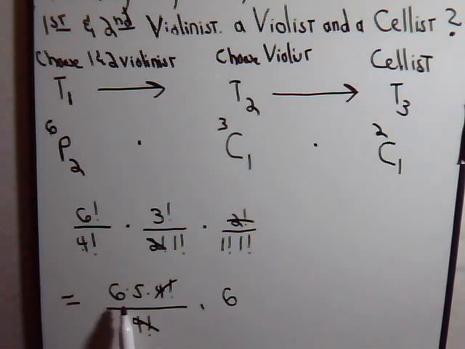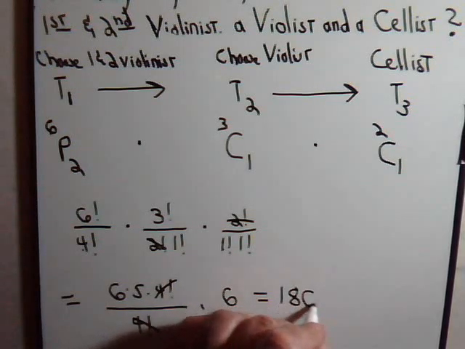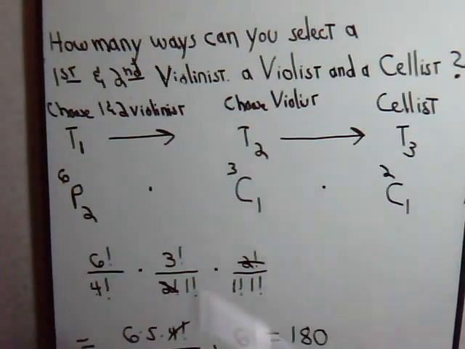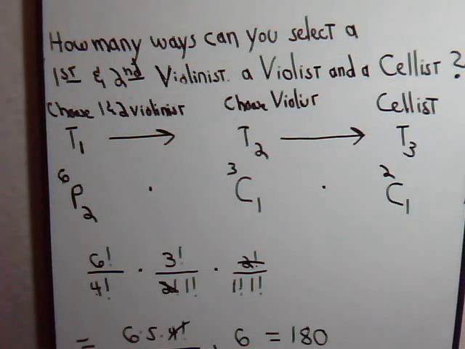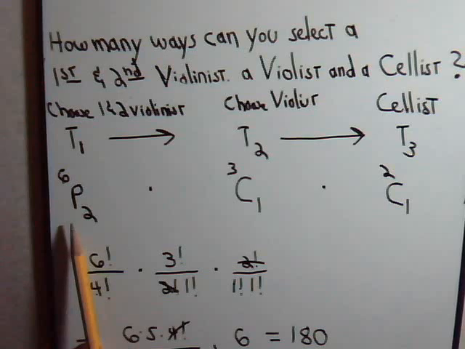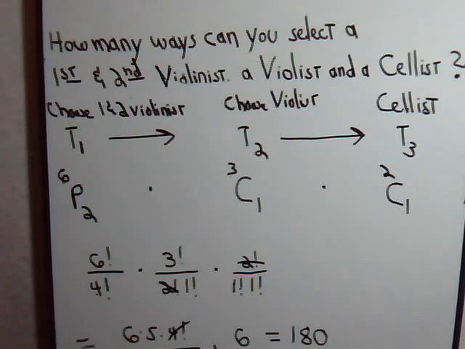Those cancel. 6 times 5 is 30, times 6 equals 180. So there's 180 ways then that we can choose a first and second violinist, choose a violist, and choose a cellist. So this part of the problem involves combinations and a permutation. The reason again for the permutation is here now the order in which we select the two violinists matters because we're selecting the first and second violinist.